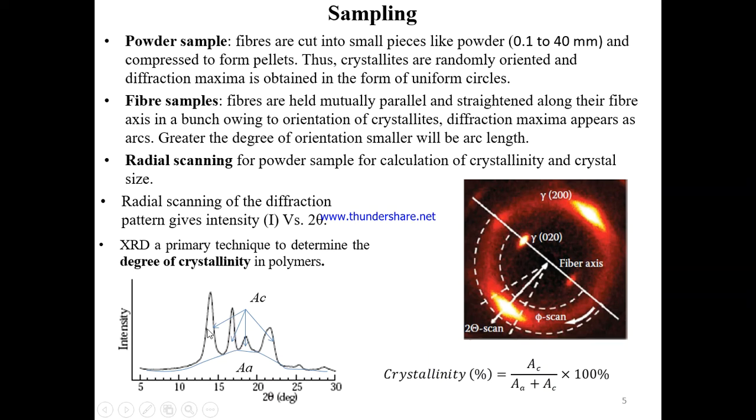Wherever there is brightness, bright arcs or higher intensity lines, these are formed due to the crystallinity or presence of crystals inside the fiber structure, because only the crystalline phase is responsible for constructive interference of the X-ray beam for the production of bright lines, or maxima. That is why you obtain the bright lines.